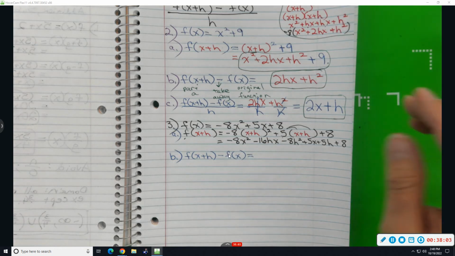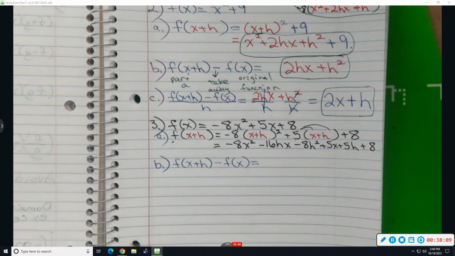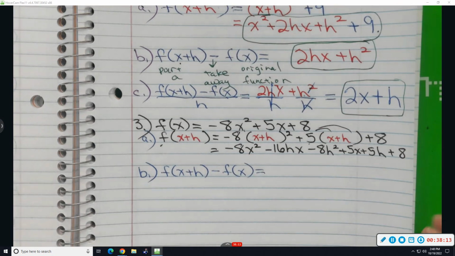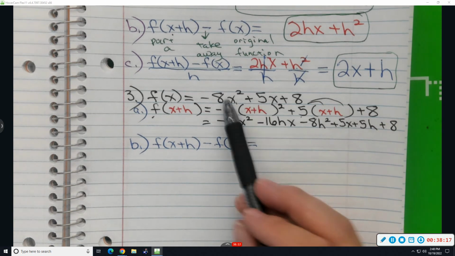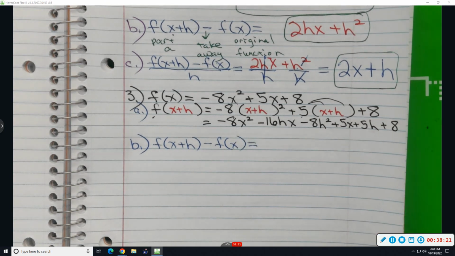There's the original function. We're taking these terms away from the answer we just found. Which terms are going to drop off? You tell me.